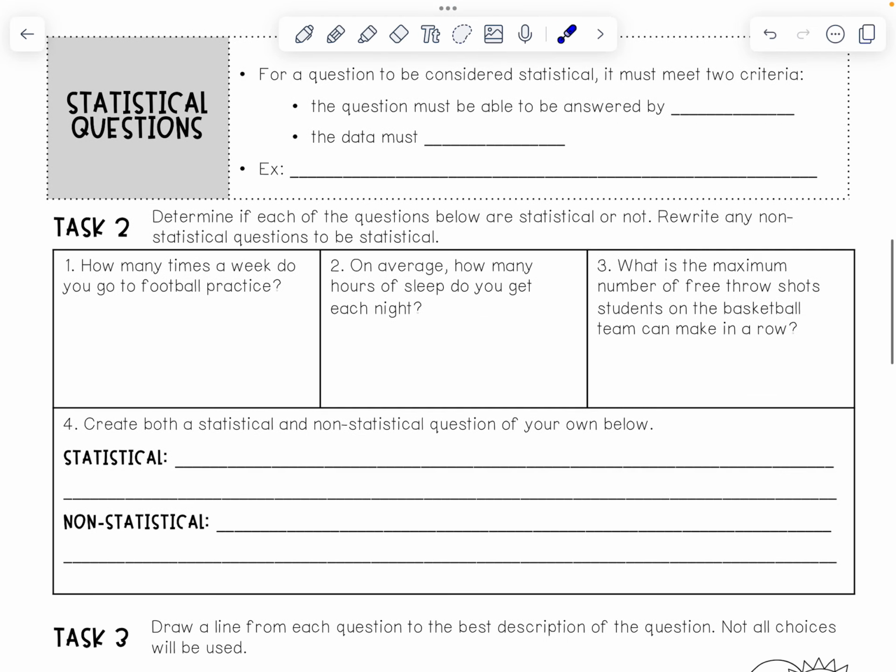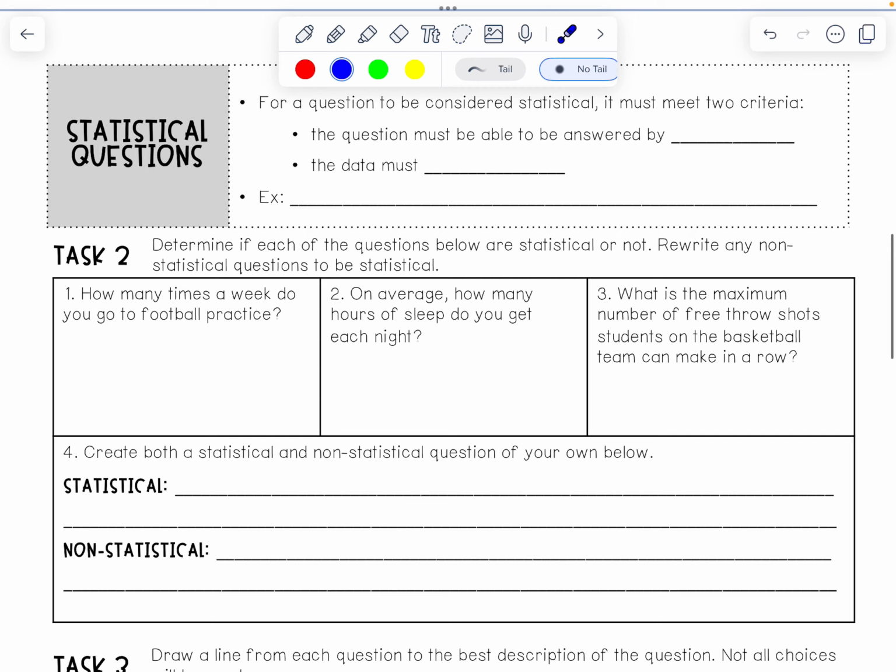It's about statistical questions. So this says for a question to be considered statistical, it must meet two criteria. The question must be able to be answered by data, and the data must vary.